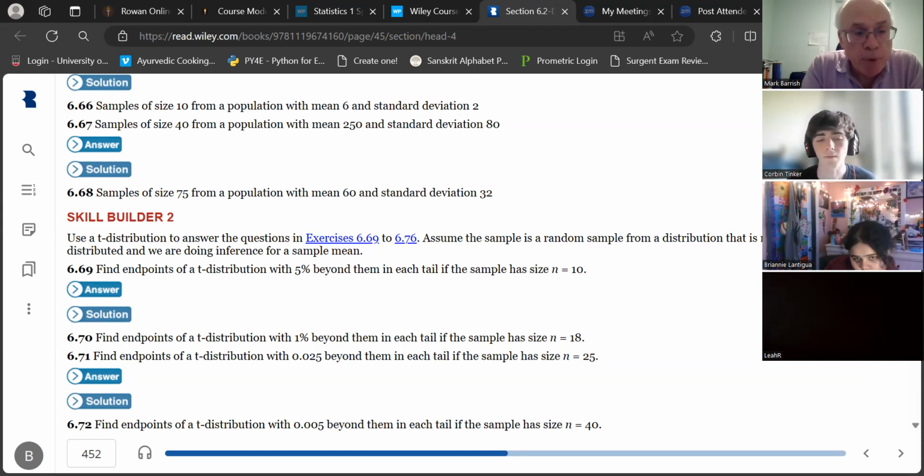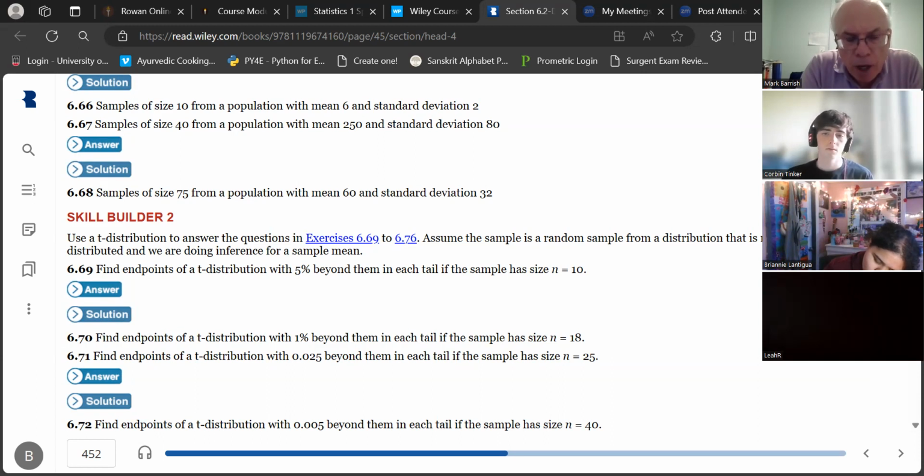6.69 says find endpoints of a t-distribution with 5% beyond them in each tail if the sample size is 10. Now this is when you draw a t-distribution, draw it like it looks like a standard normal.